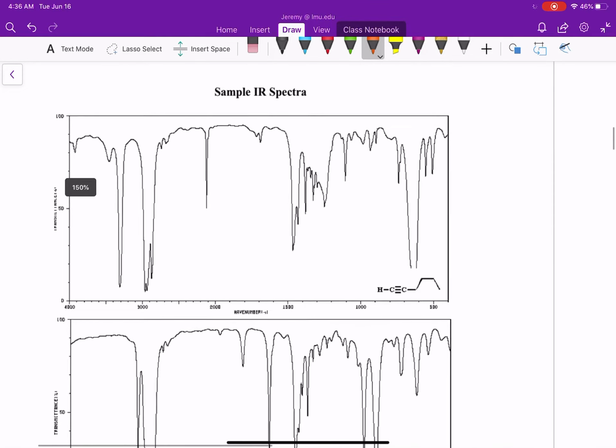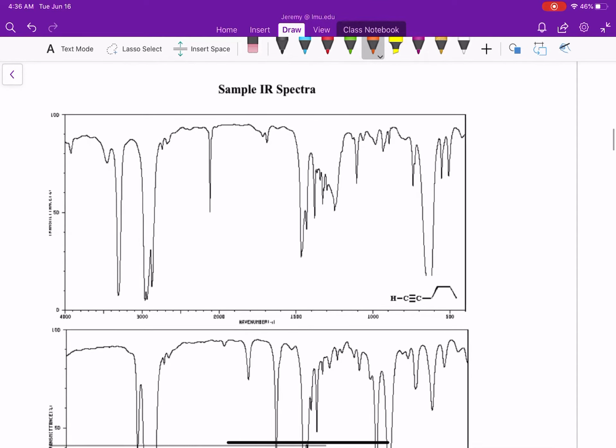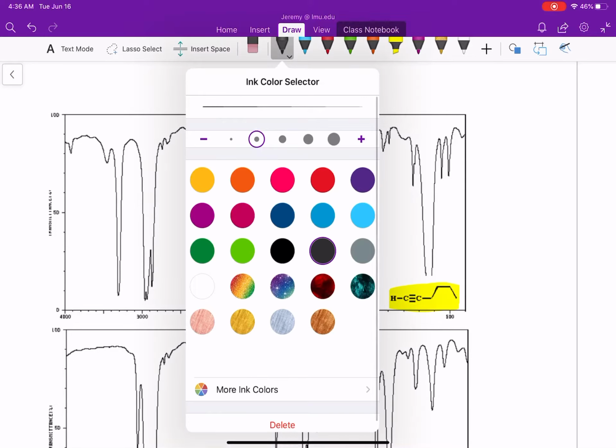So I have a lot of sample spectra here. And what you'll notice is in the bottom right corner, we have the actual structure, okay? So what we're going to do is basically analyze the spectrum and the structure to see if we can identify the peaks here, all right?